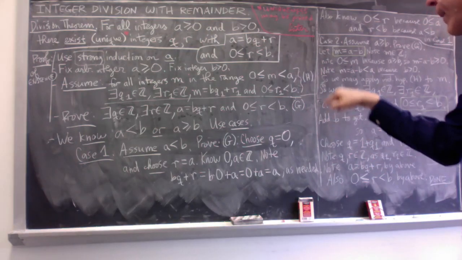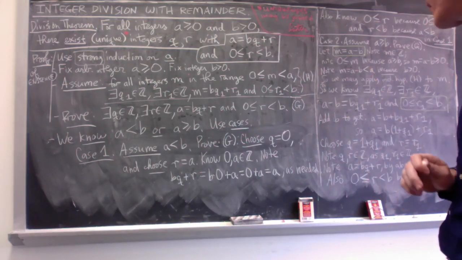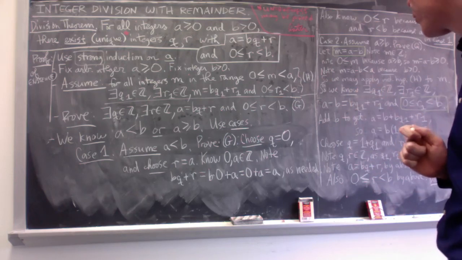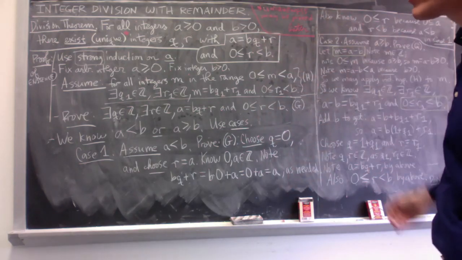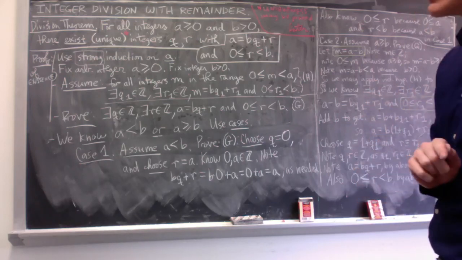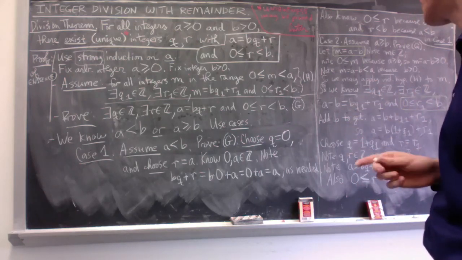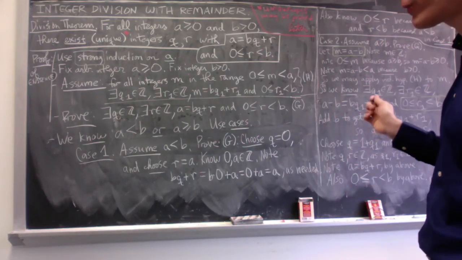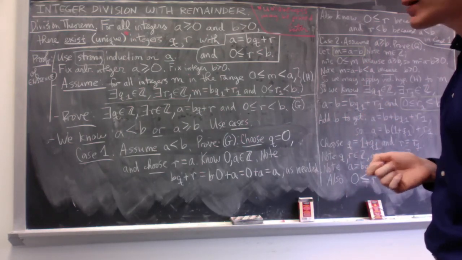Whereas if you just went to a minus 1 for an ordinary induction, it's not. Actually, that does work. In fact, there might be a homework problem where I ask you to prove this theorem again with ordinary induction instead of strong induction. The details look quite different actually, but it does work.